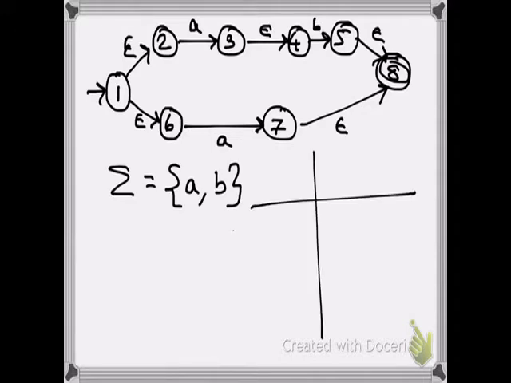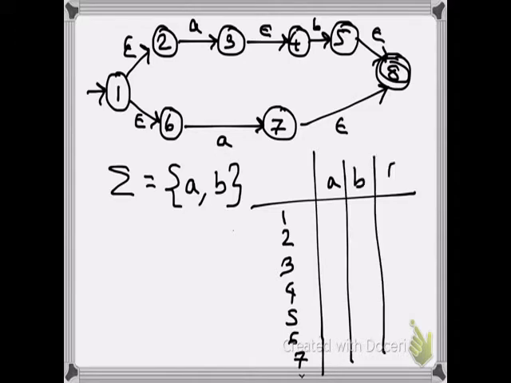It will have quite a many states: 1, 2, 3, 4, 5, 6, 7 and 8. And here we have input symbol A, input symbol B, and epsilon.